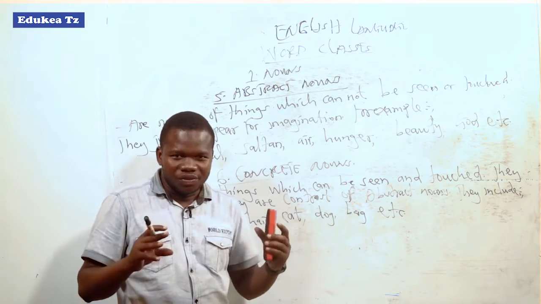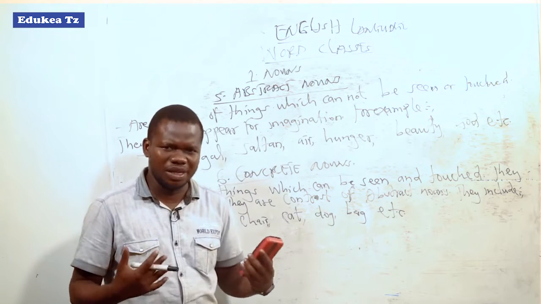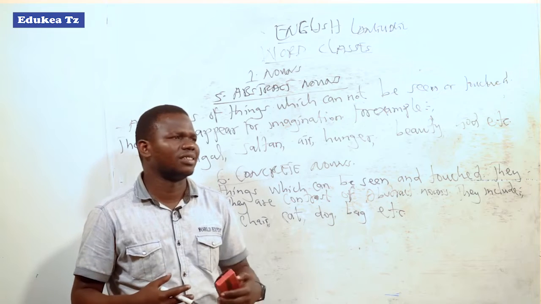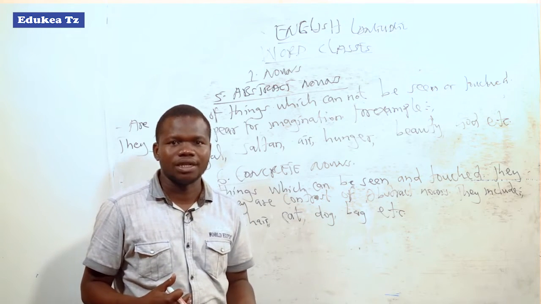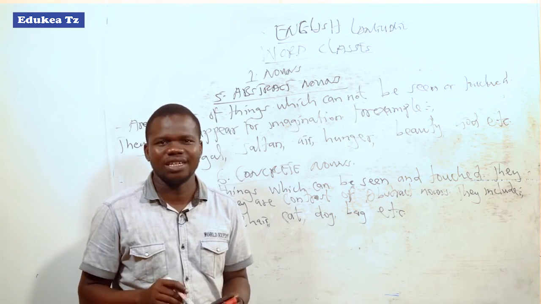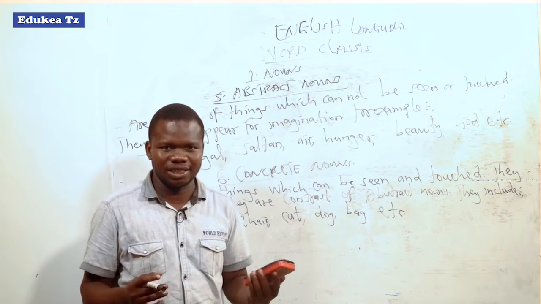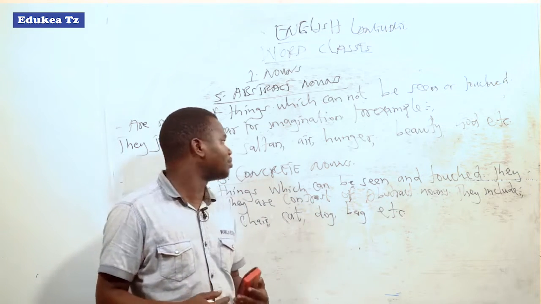So we just believe only in their existence, but just for imagination. We just imagine that there is something, there is an angel, but nobody has ever been with it. We just believe only in their existence, but not in a realistic way.